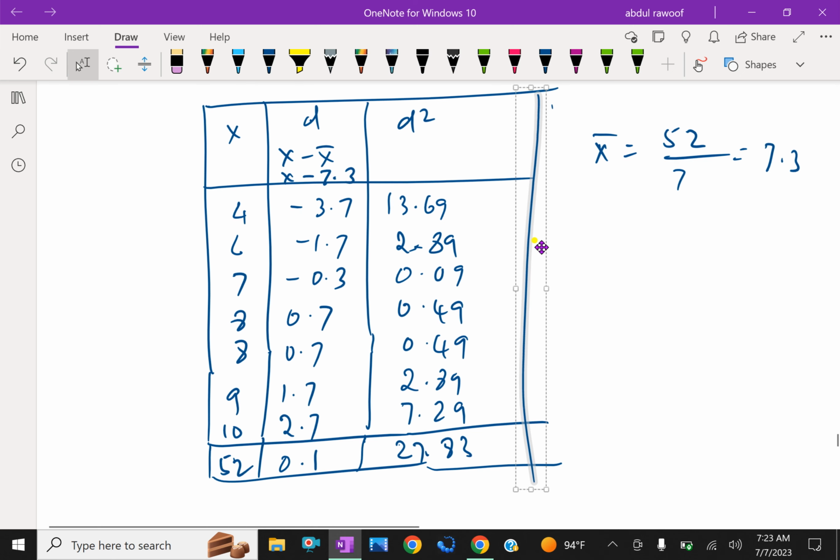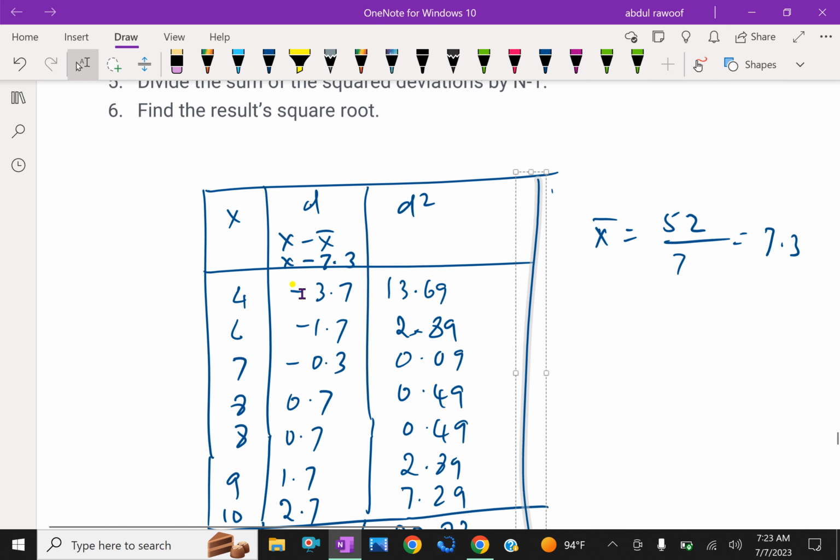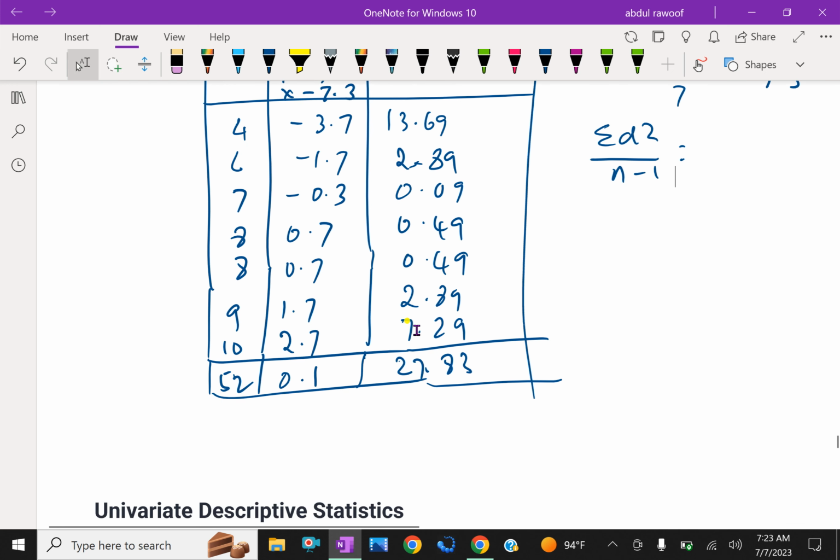Here, divide the sum of squared deviations by n minus 1. Therefore, sigma d square by n minus 1 equals 27.83 divided by 7 minus 1, which is 6.